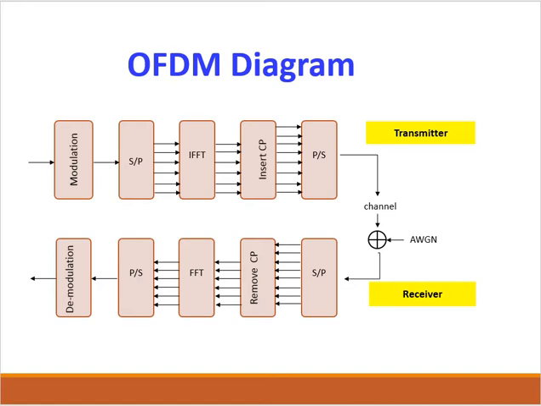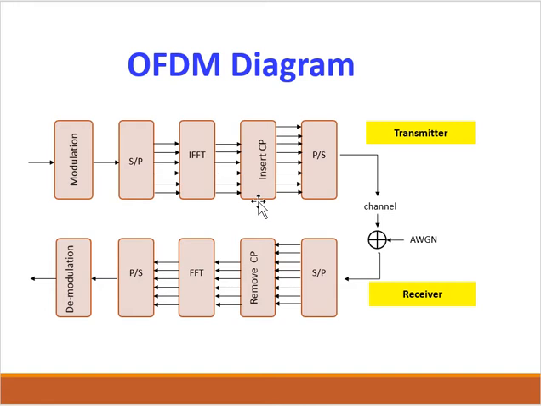Now let's look at the OFDM diagram. Binary data is modulated by QPSK or QAM, and then the signal experiences S2P conversion. S2P means serial to parallel. And then IFFT translates the signal from frequency domain to time domain.